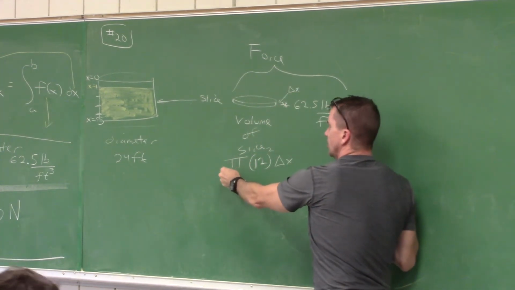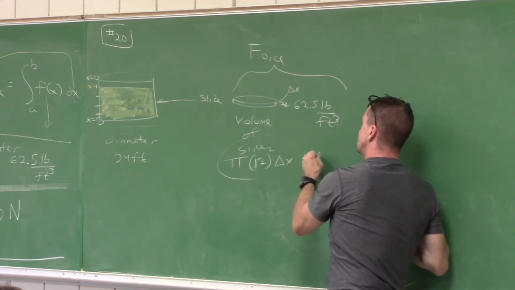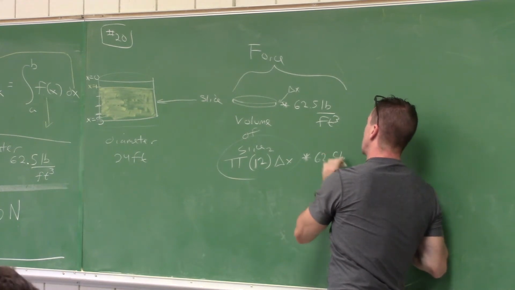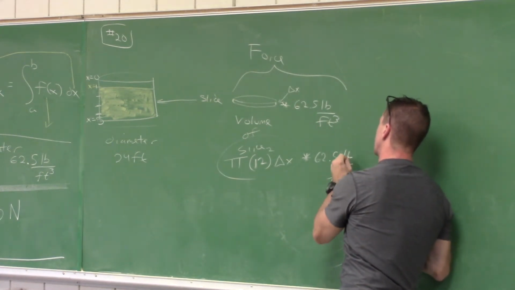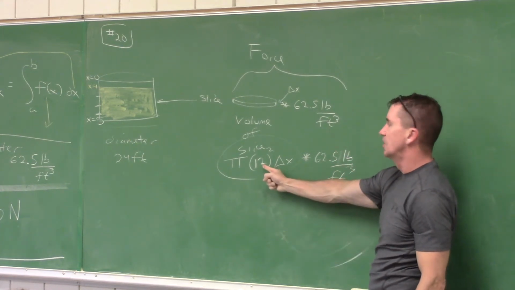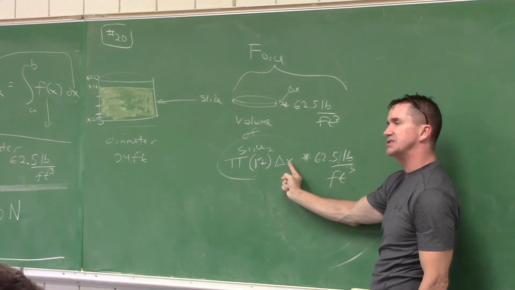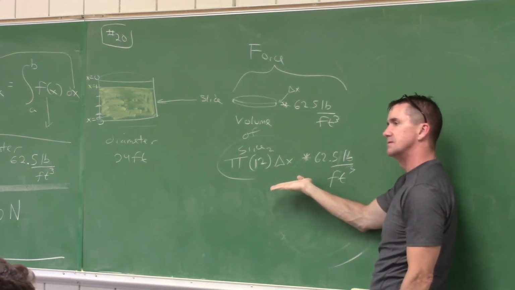So I take all this right here, and I'll multiply it by what? 62.5 pounds per cubic foot. All right? And you bet, everyone, 12 feet times a change in x feet, all the feet will go away and this will just be in pounds. Cool.